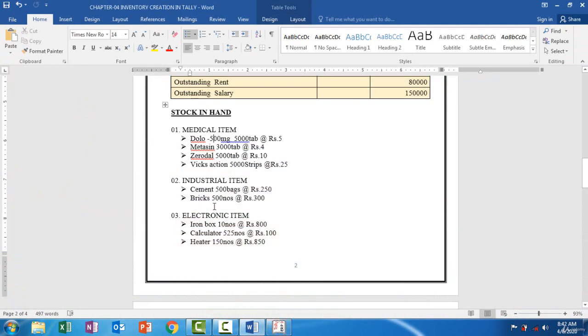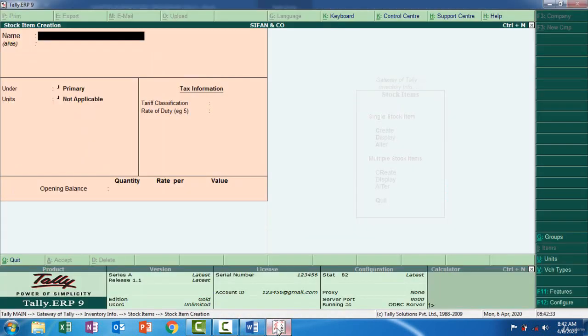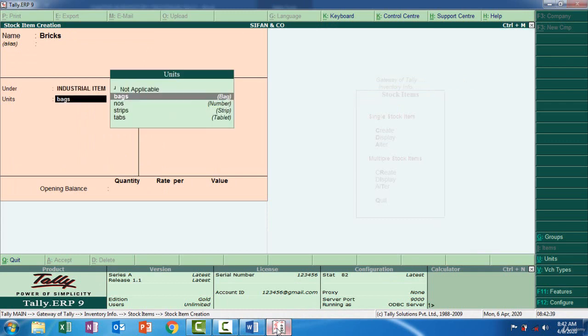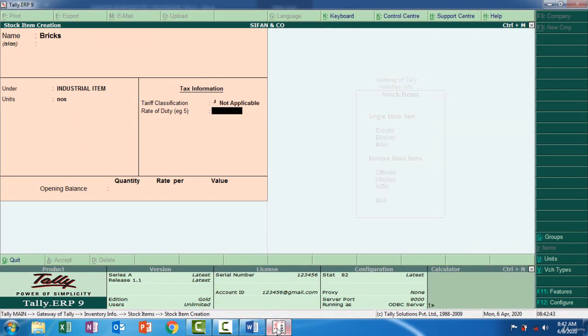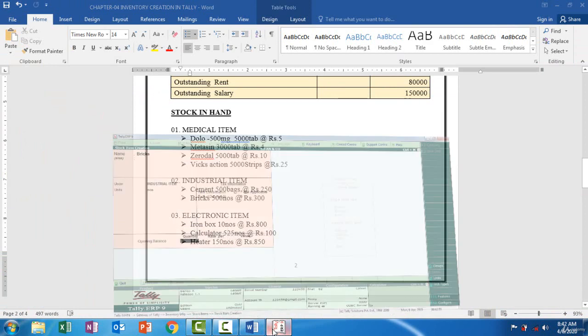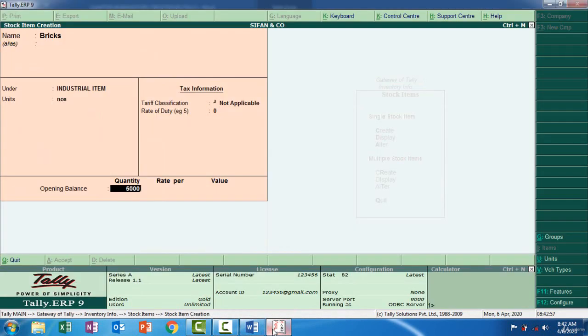The next one is bricks. Bricks is coming under the industrial item and it is measured by the numbers, and the quantity is 500, each 300 rupees.